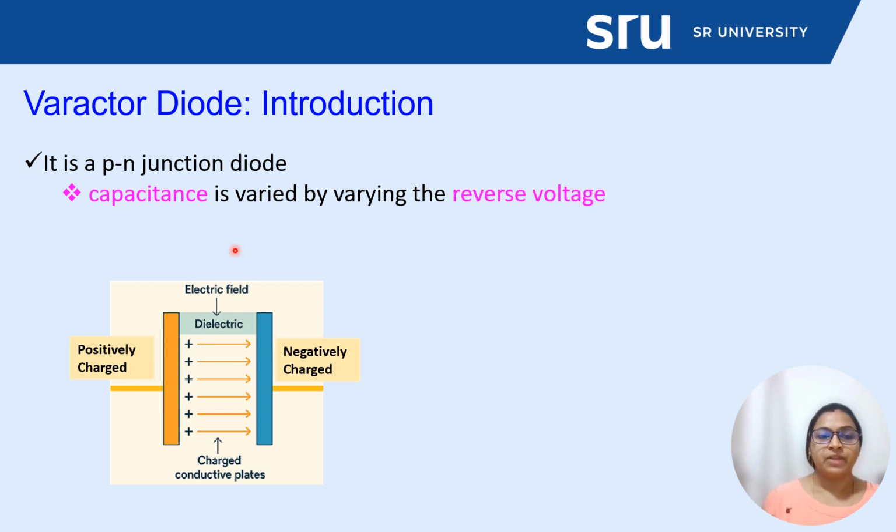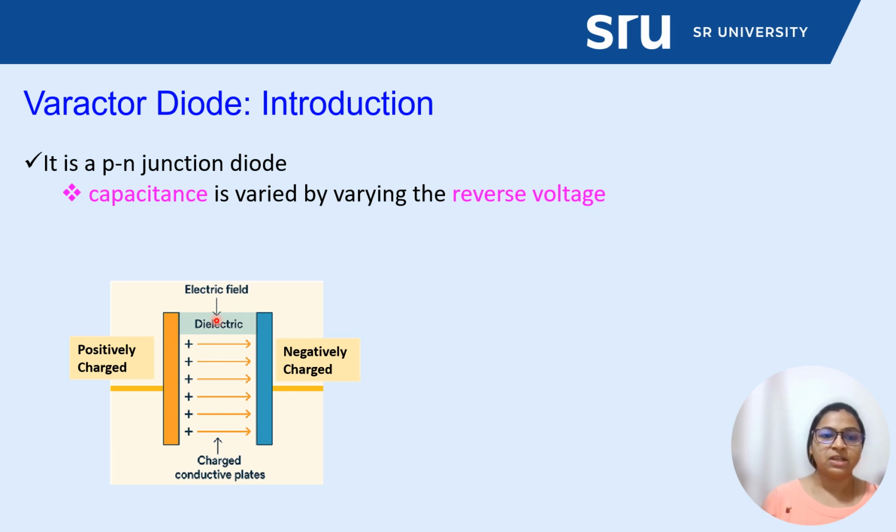The basic capacitor is made up of two parallel conductive plates separated by a dielectric medium. The two conductive plates act like electrodes, and the dielectric acts as an insulator.